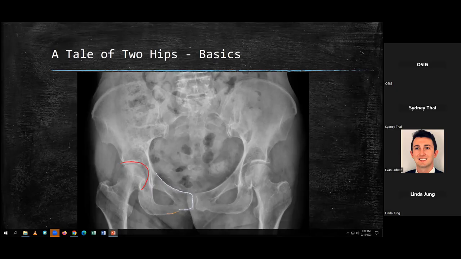Can anyone tell me, is this a lateral, an AP, an oblique? AP, right? Front to back view of the body part. The hip, pelvis, right? So the pelvis in this case is what we're looking at. Does anyone want to hazard a guess as to some of the structures that may be highlighted here? Some of the things that you may see on a common AP of the pelvis.